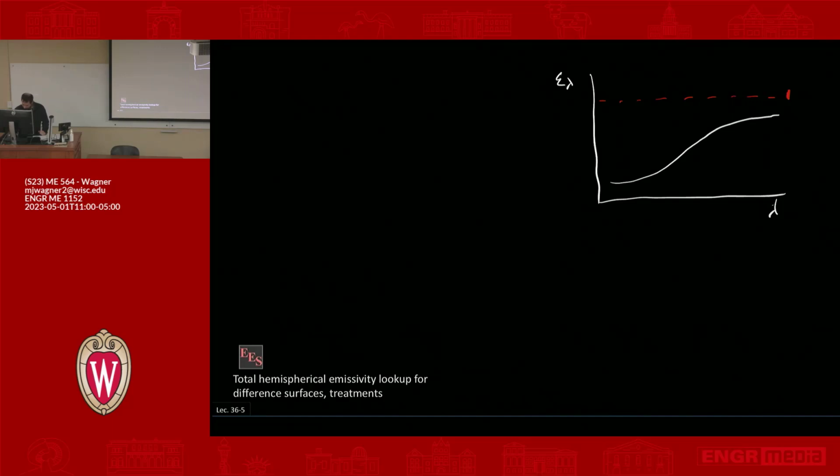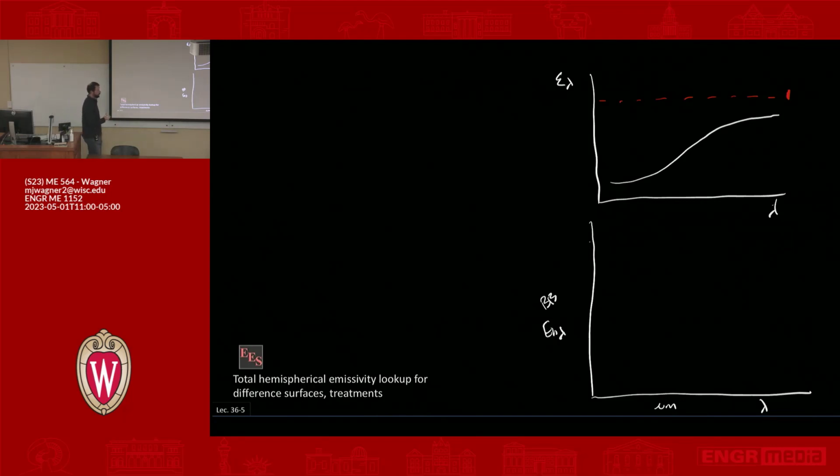So if I also plot out down here a bunch of black body curves as a function of wavelength, in microns, and I want to plot the black body power, that would be E B lambda. If I am a surface that's emitting at a very, very high temperature, let's say it's the sun, the sun is going to emit a black body curve that looks like this.